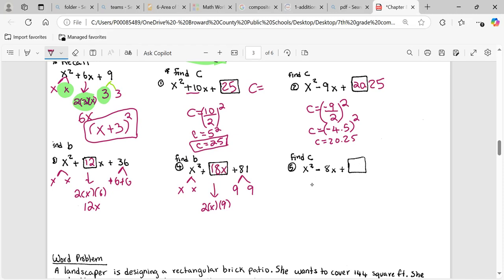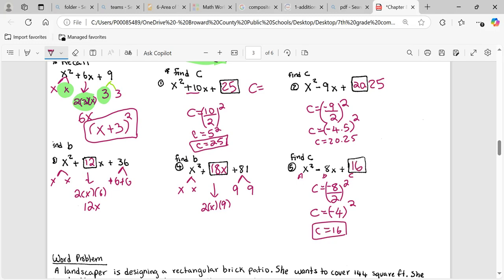And then to find the c term, it is the middle term divided by 2 squared. And we're still going with the a, b, c. And so my c term is equal to negative 4 squared, which means my c term is equal to positive 16.